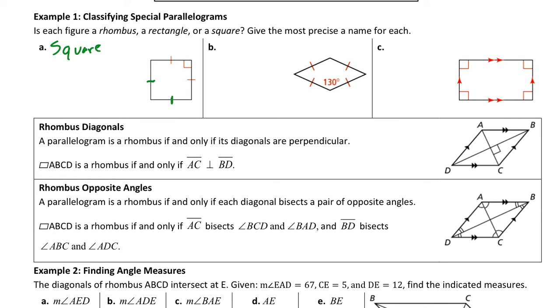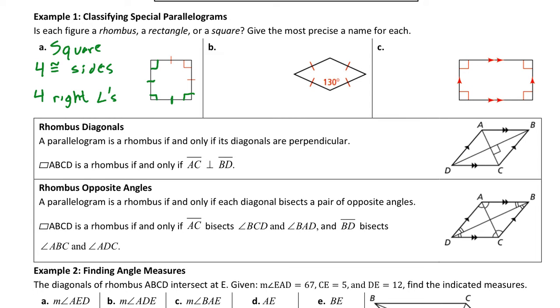It's also a rectangle, because in a parallelogram, opposite angles are congruent and consecutive angles are supplementary. So it's a square because it has four congruent sides and four right angles. It is a rhombus and a rectangle at the same time. That makes it a square.